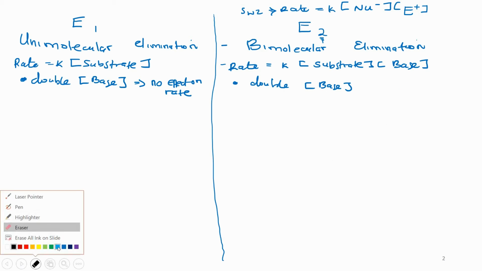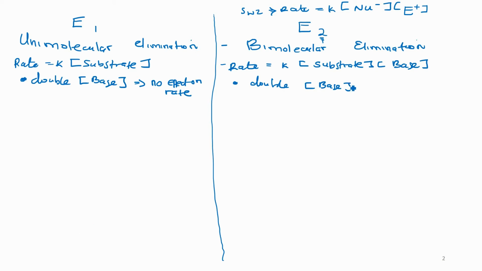This is usually very confusing for students, so I want to be clear. If you double the concentration of the base here, the rate of reaction will also double because it's part of the rate equation.